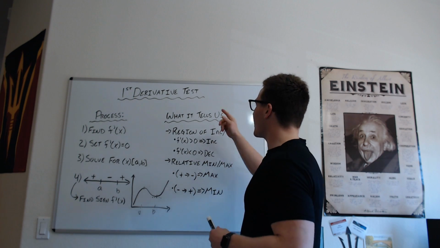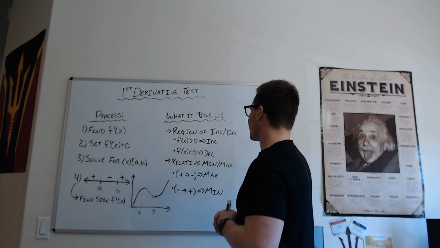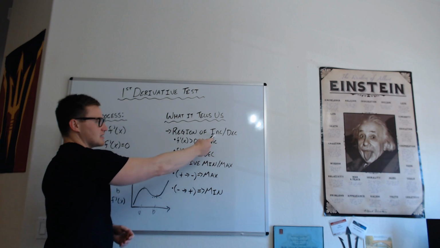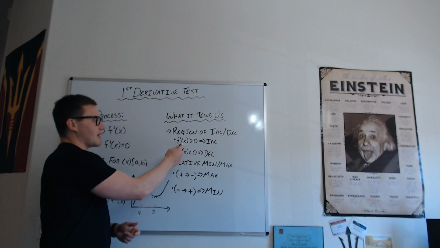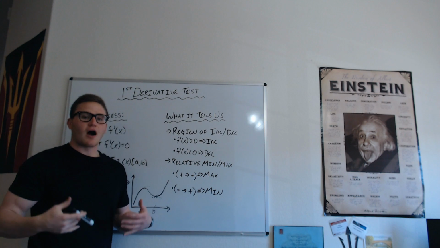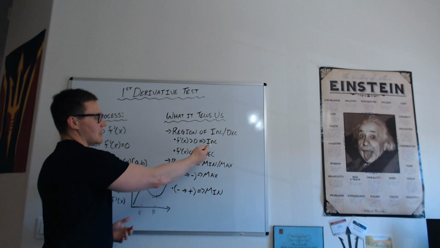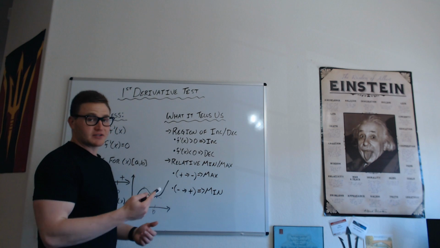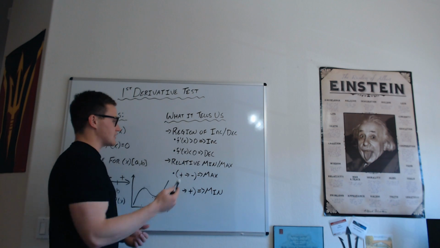So to summarize, what is this first derivative test telling us? It's going to tell us our regions of increasing and decreasing. So when f prime of x is greater than 0, our function f of x is going to be increasing. When f prime of x is less than 0, our function f of x is going to be decreasing.